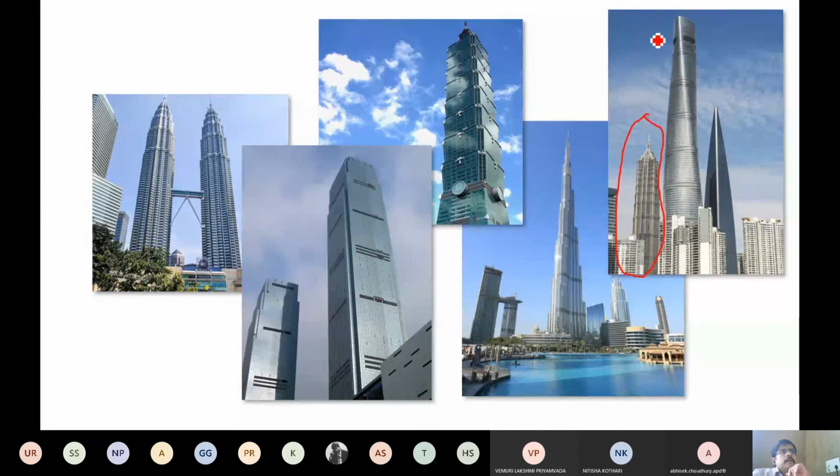This one, and this one. Can you tell me which one are these?